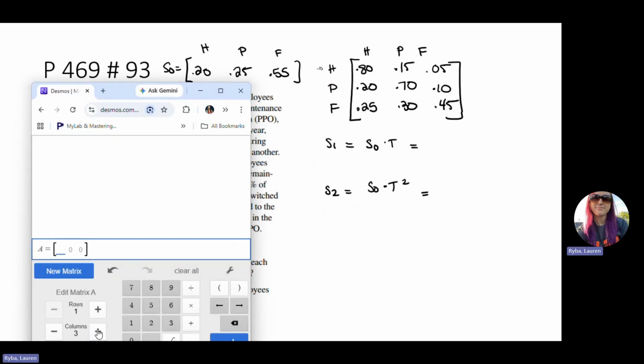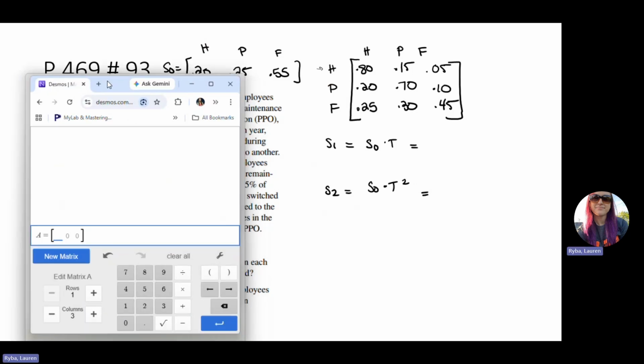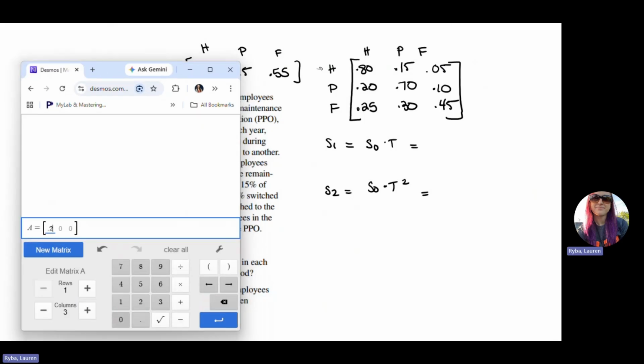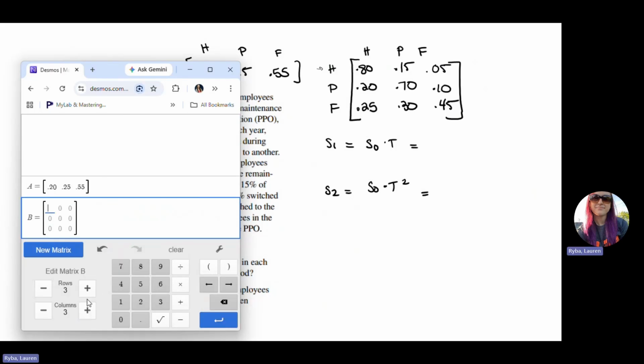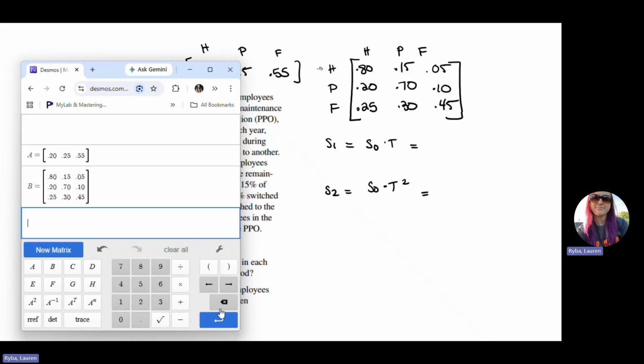No row, column. Okay, 20, 25, 55. Then a 3 by 3: 0.80, 0.15, 0.05; 0.20, 0.70, 0.10; 0.25, 0.30, 0.45.